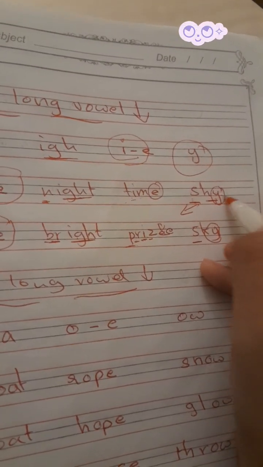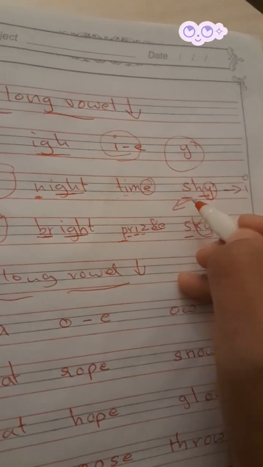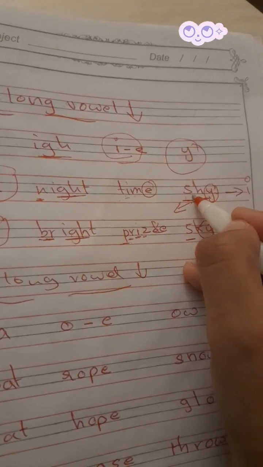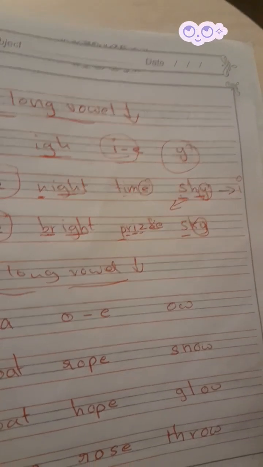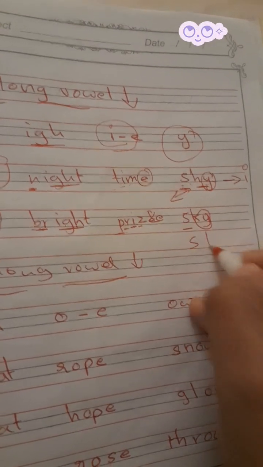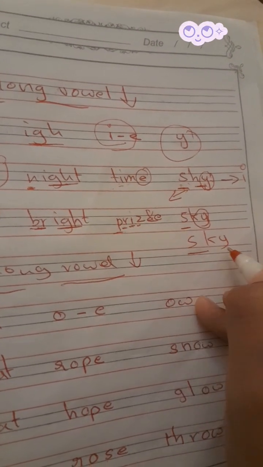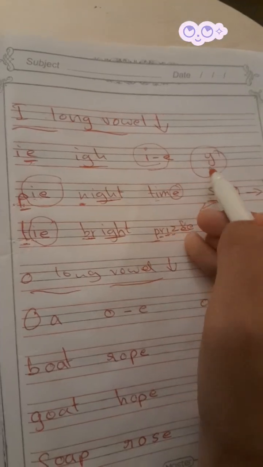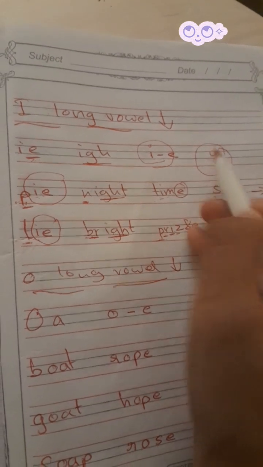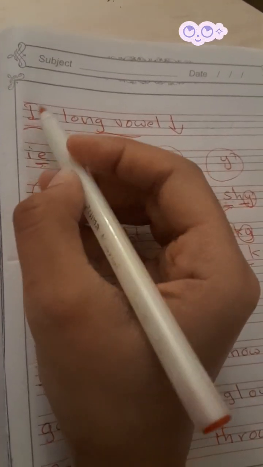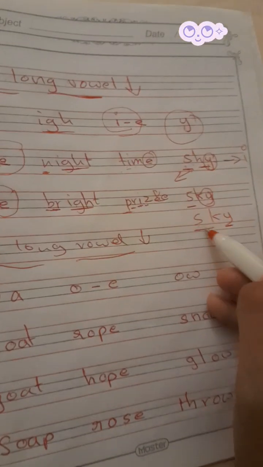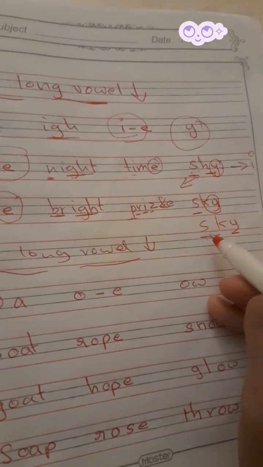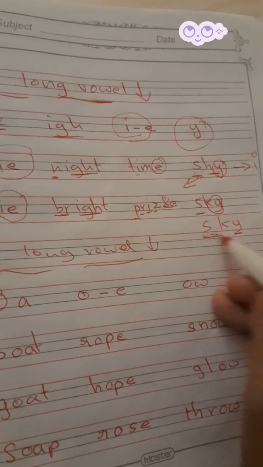So Y has the sound of I. Sh-I, shy. Let's see here. Sky, sk-I. Why? Because we wrote here Y. And Y has the vowel sound of I. So sk-I, sky.